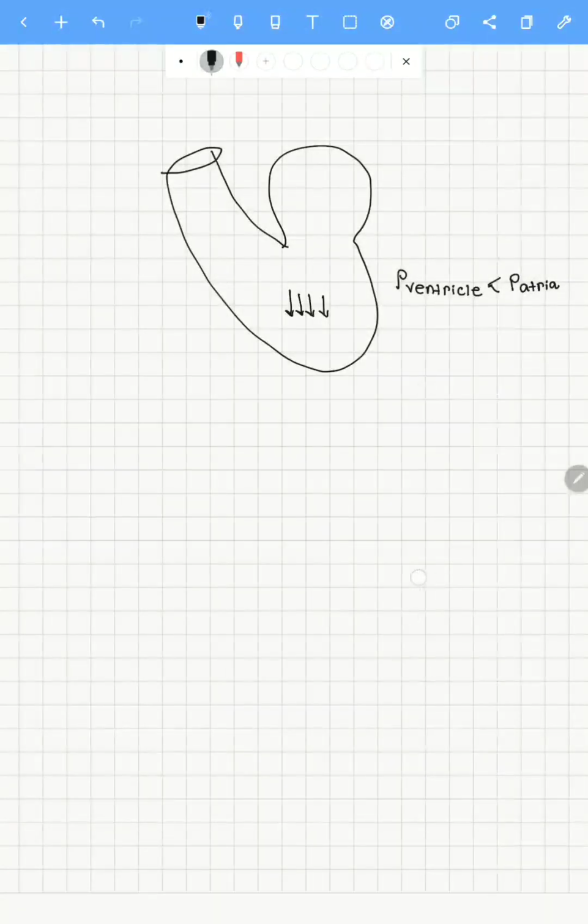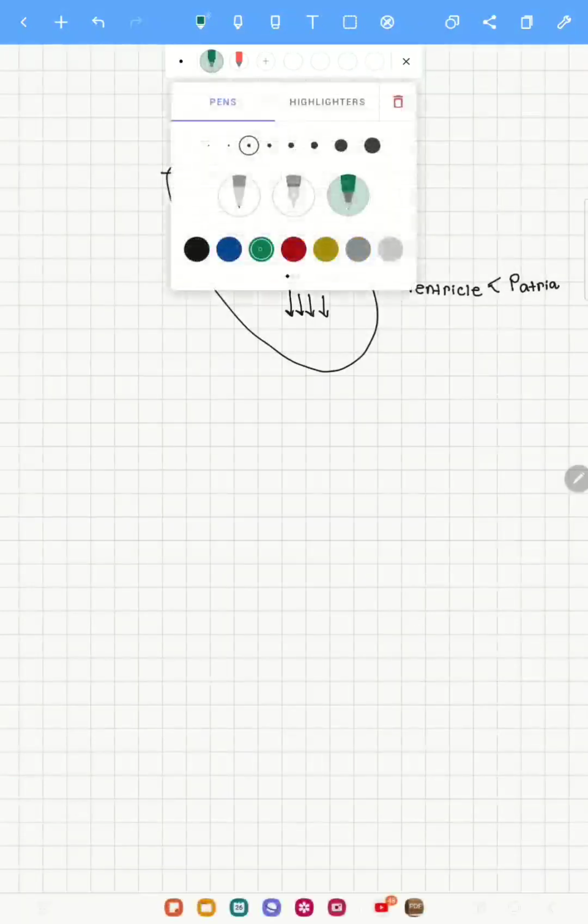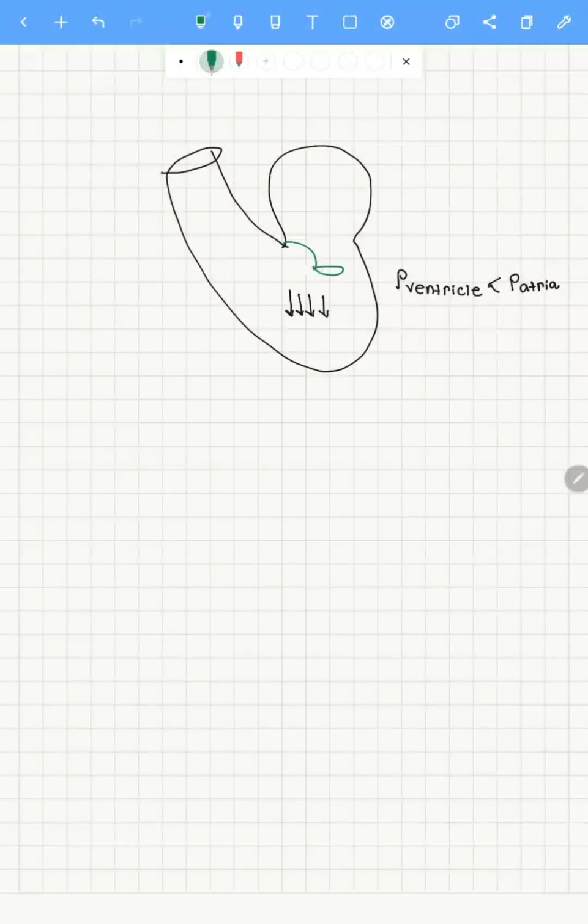That's why the mitral valve will be open in this phase, but the ventricular pressure is still less than the aortic pressure. For the first reason, the mitral valve will be open. For this reason, aortic valve will close.